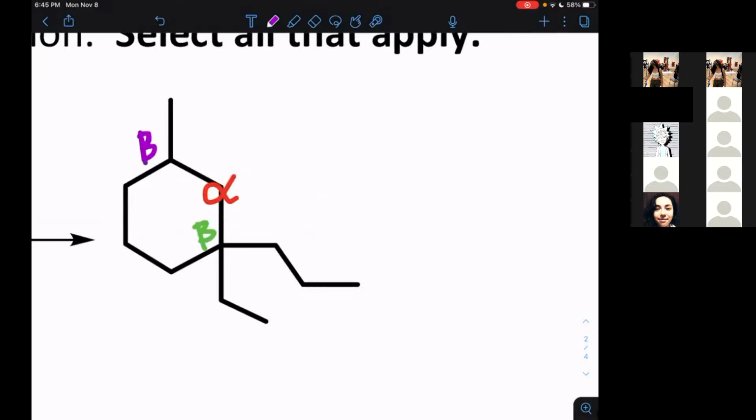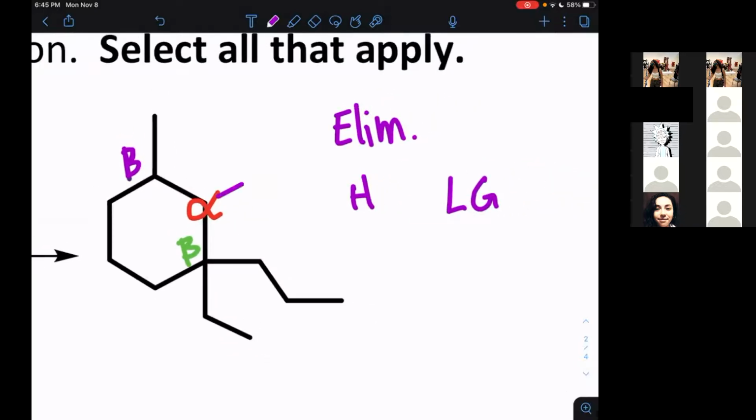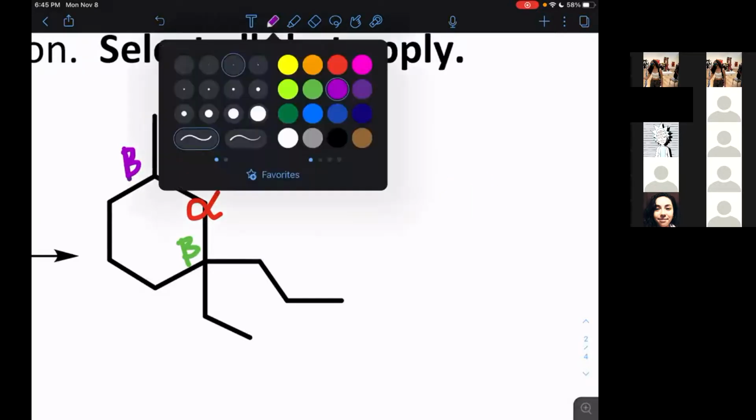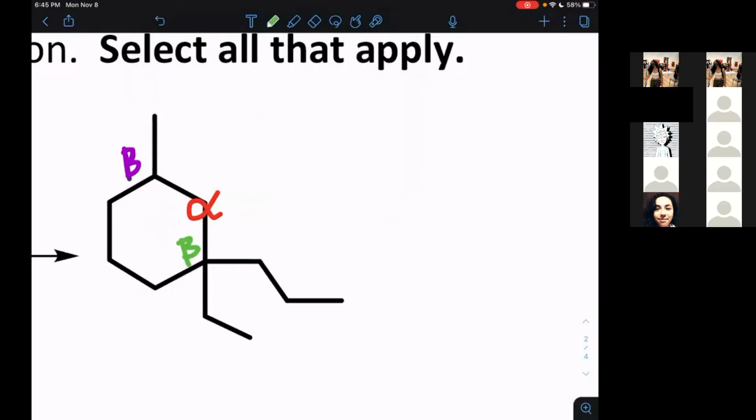Because in elimination, you lose a hydrogen and your leaving group. So we lost the leaving group on this one. For this one, there's no hydrogen attached. So that one isn't a possible double bond spot, I guess.